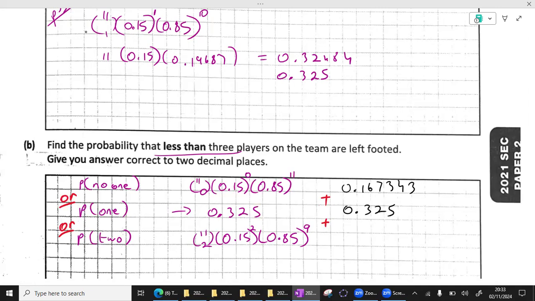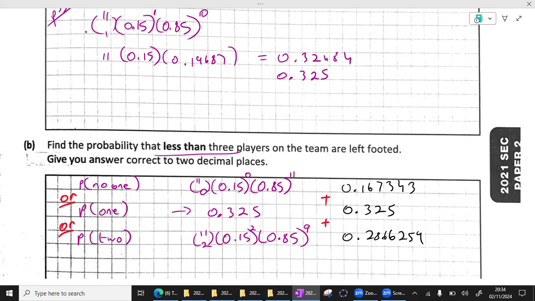And then the last one, 11 choose 2. And then we have to do 0.15 squared, and 0.85 to the power of 9. That's coming out to be 0.286629.